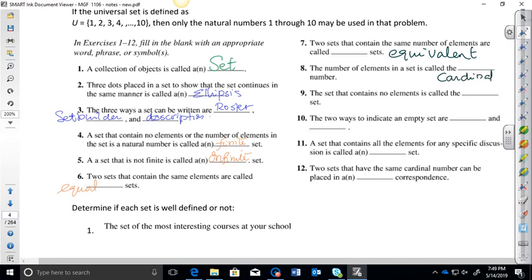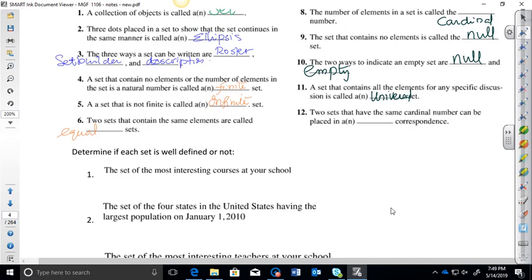The set that contains no elements is called a null or empty set. A set that contains all the elements for a specific discussion is called the universal set. The last one is just a 1-to-1 correspondence. We don't have to worry about that.